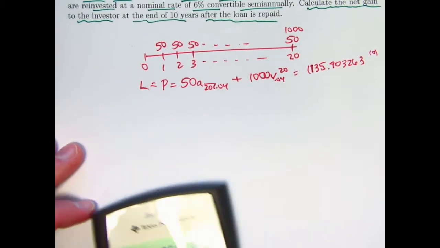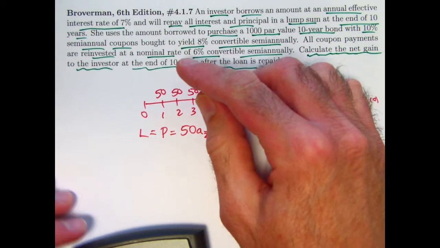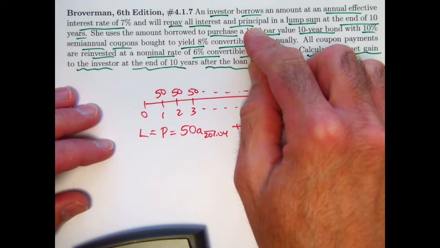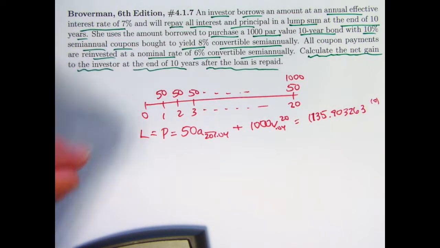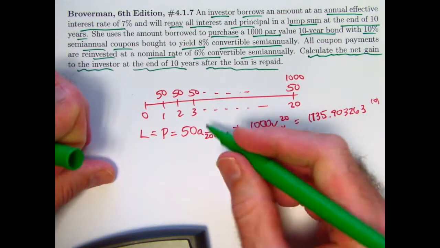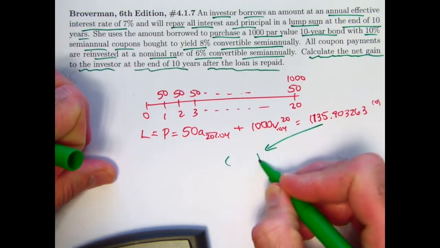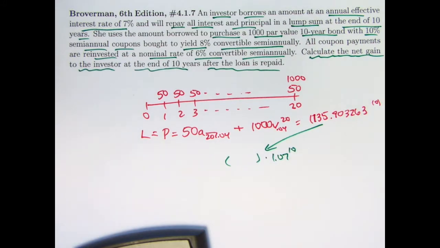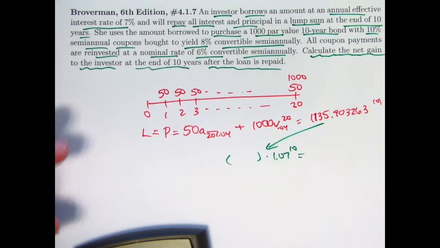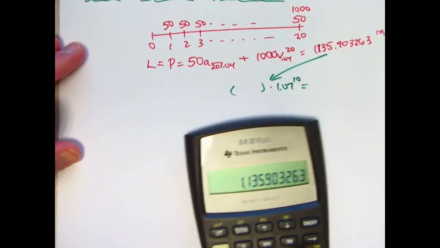How much is she going to owe at the end of 10 years to pay back the loan with all the principal paid back and all the interest? It's at a 7% effective annual rate. So take this number and multiply by 1.07 to the 10th power to get how much she owes at the end of 10 years to pay back the loan with interest.